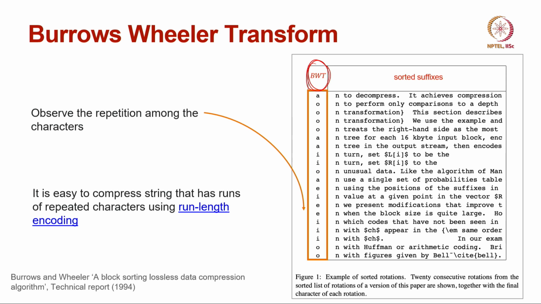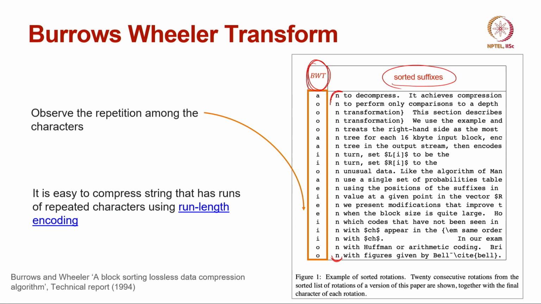To compute the Burrows-Wheeler transform, remember that we have to sort all the suffixes in that document, and once we have the sorted suffixes, we will look at the characters that precede the sorted suffixes. Now, remember that when we sort the suffixes, as an example, all the suffixes that start with n symbol. I am only showing you a subset of suffixes here. I cannot show you all the suffixes because there will be too many.